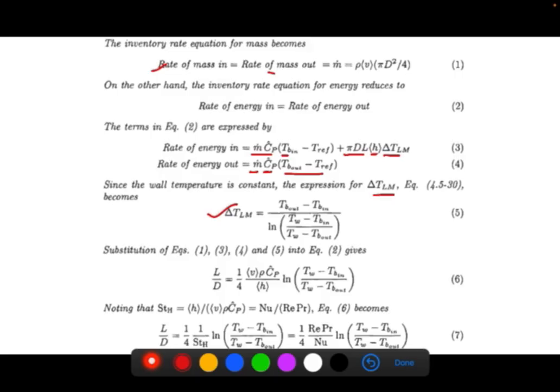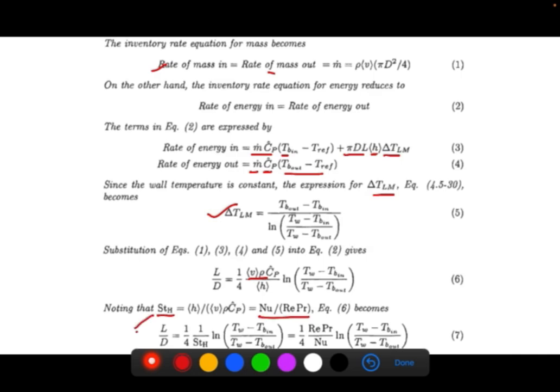Using equations 1, 3, 4 and 5, we get L by D ratio equals to 1 by 4 of V by rho Cp by h into log of (Tw minus Tb in upon Tw minus Tb out). This could be written in the form of Stanton number, or also Nusselt, Reynolds and Prandtl number.